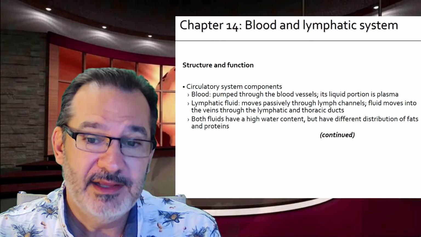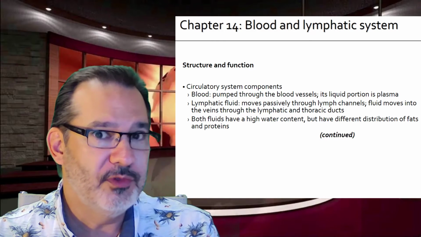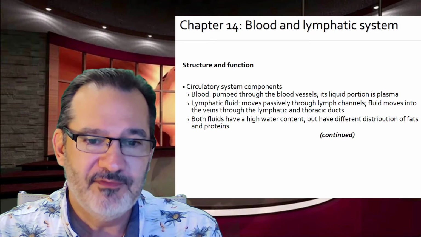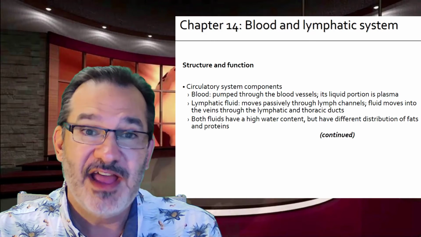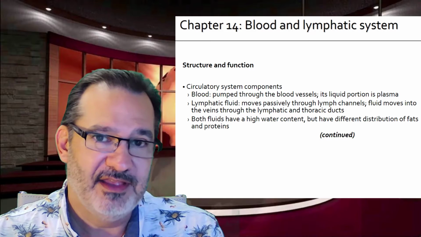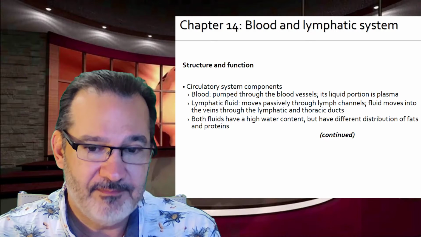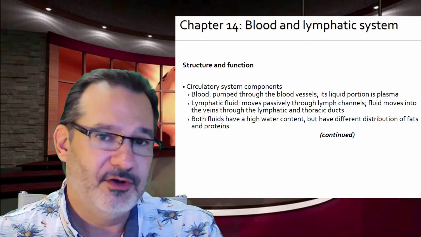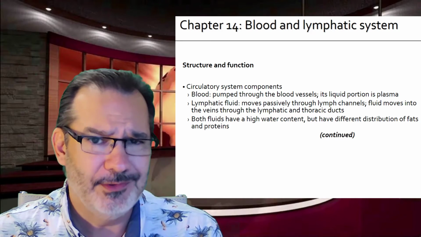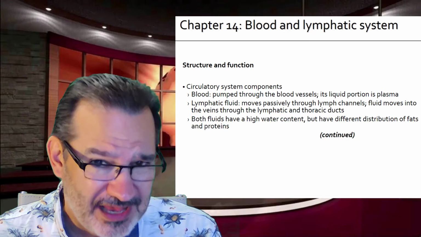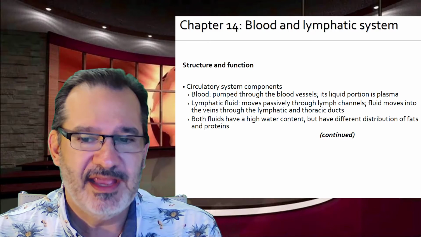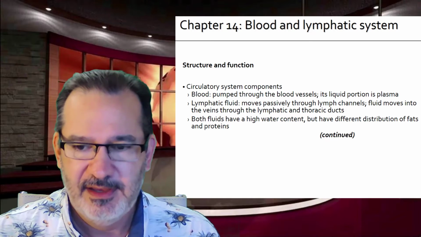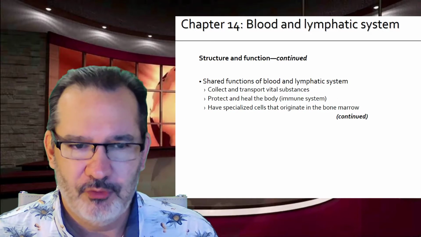Lymphatic fluid moves through the lymph channels, and through the lymphatic and the thoracic ducts. So both fluids have high water content. As a matter of fact, the human body is made up of roughly 90% water, but they differ in the way they distribute certain things like fats and proteins.